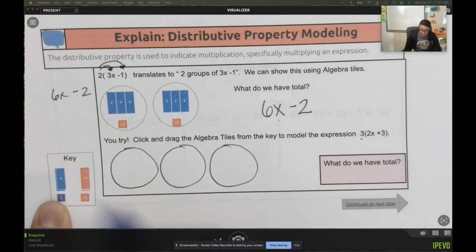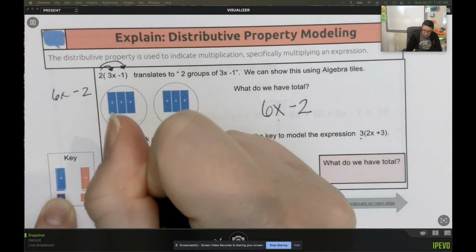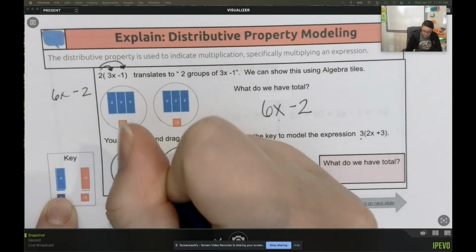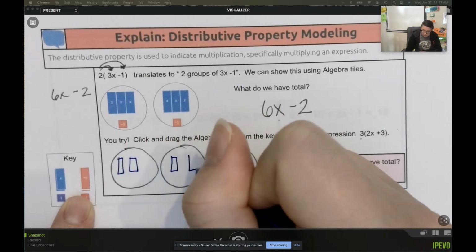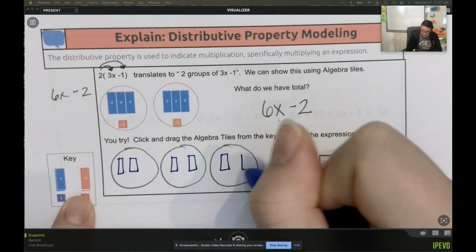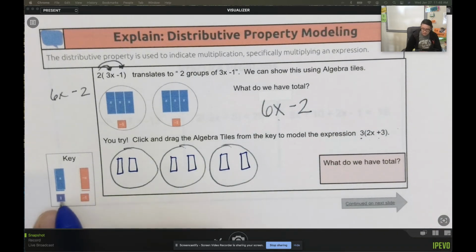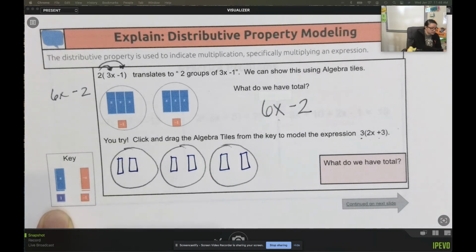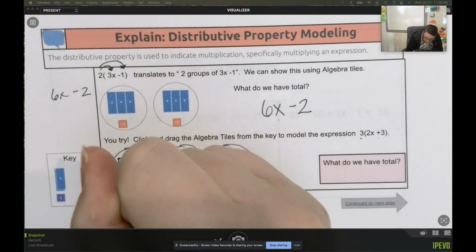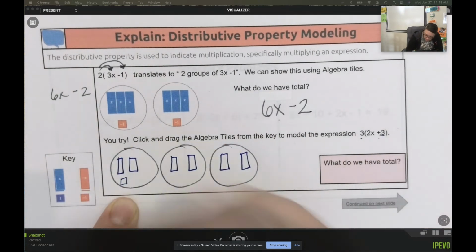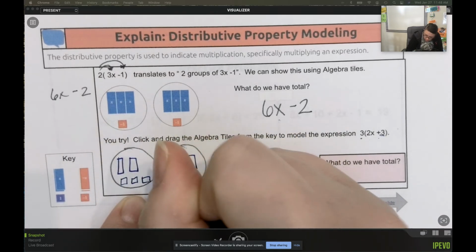So 2 x's, those are positives. Those are going to be my long blues. I need 2 x's in each of my groups. And then I have plus 3 in each group. Those are positives. Those are going to be the small squares. So I need to draw 3 of those in each group.